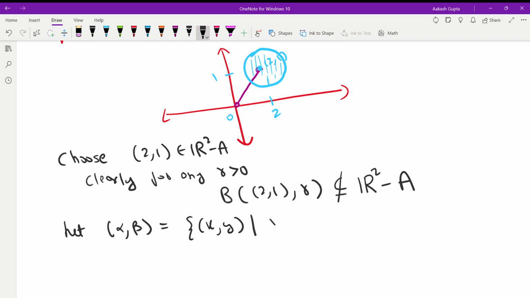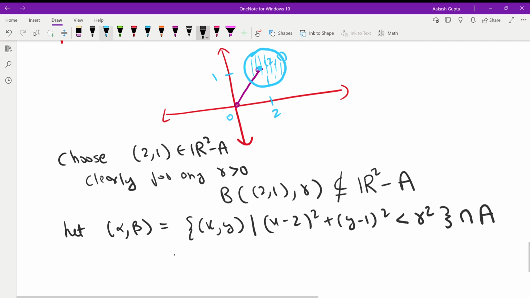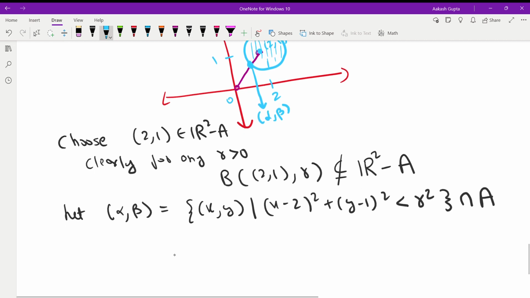Okay, basically x comma y such that x minus 2 whole square plus y minus 1 whole square is less than r square, intersection the line, this purple line, the set A. So basically, this is my alpha comma beta, this point.